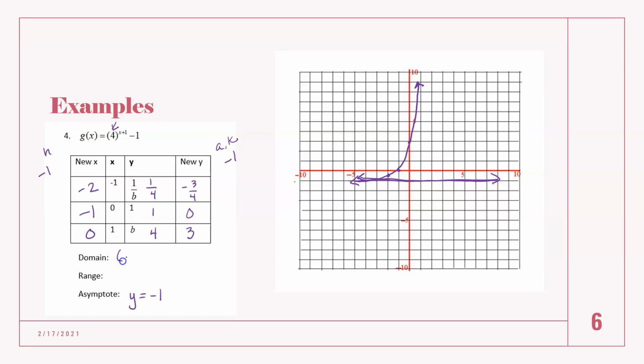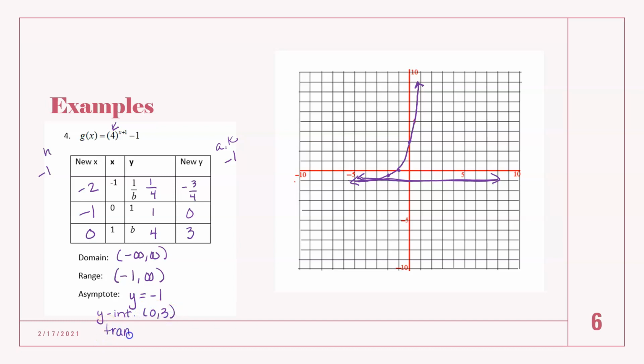So again, our domain is -infinity, infinity. Our range will be the asymptote, so it's -1, infinity. What else are we missing? Oh, the y-intercept. We're lucky enough to have exact here, so 0, 3.